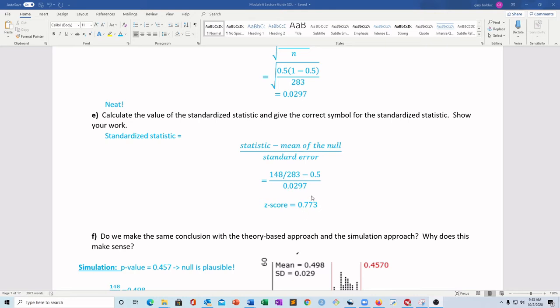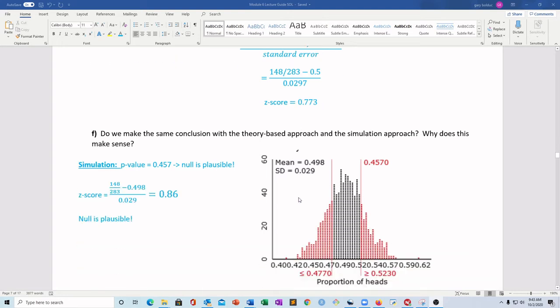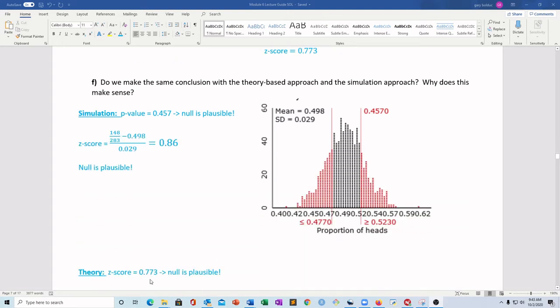And here's my z-score, 0.773. That's pretty small, which means the null is plausible. It's plausible that the kids are just randomly choosing, with no real preference between candy and toys.